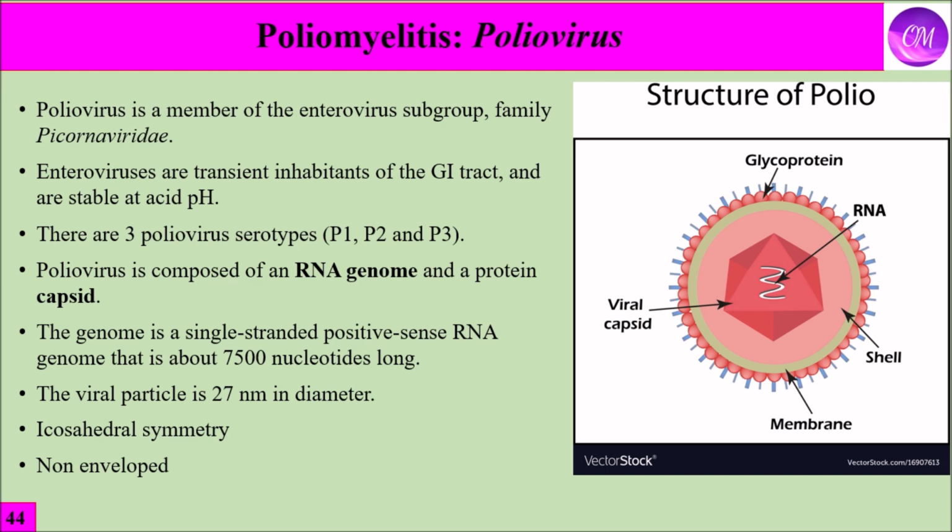Poliovirus is composed of an RNA genome and the protein capsid. The genome is a single-stranded positive sense RNA genome that is about 7,500 nucleotides long. The viral particle is 27 nanometers in diameter, with icosahedral symmetry, and non-enveloped.